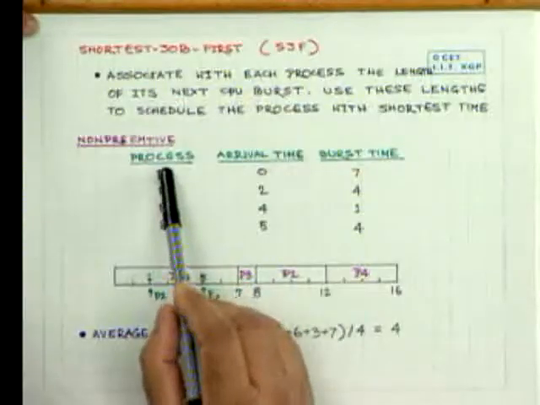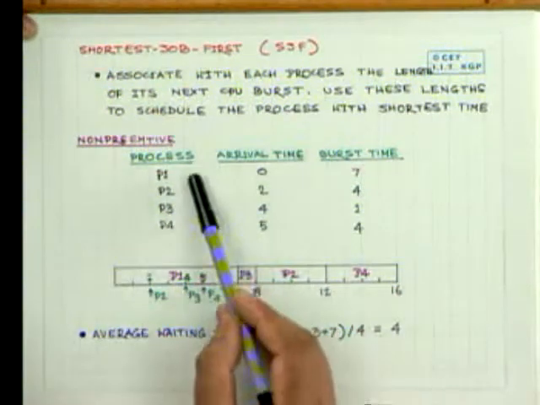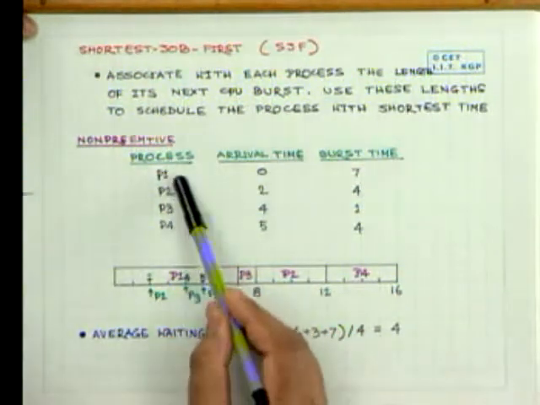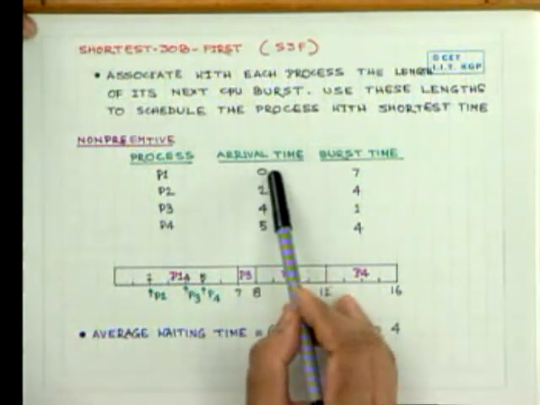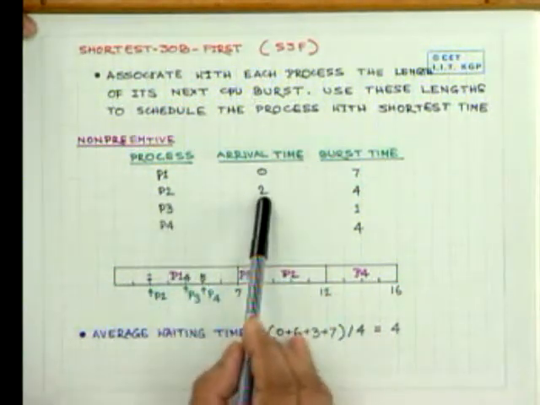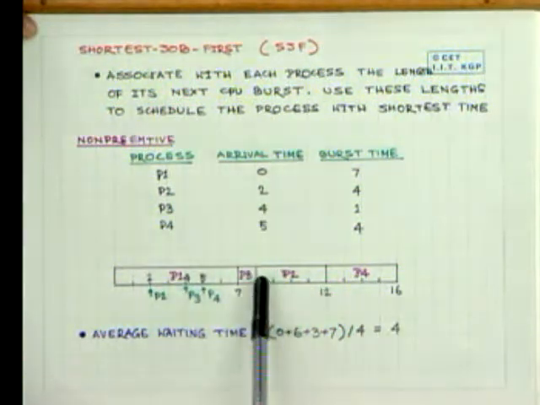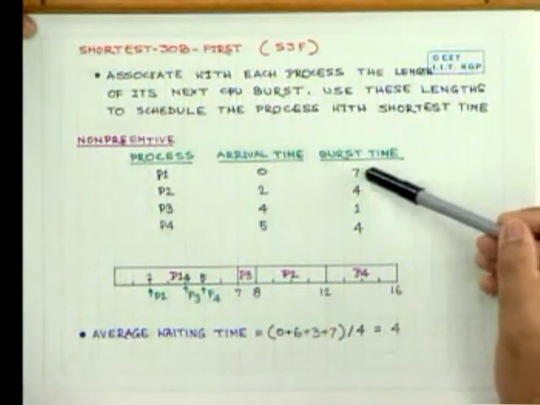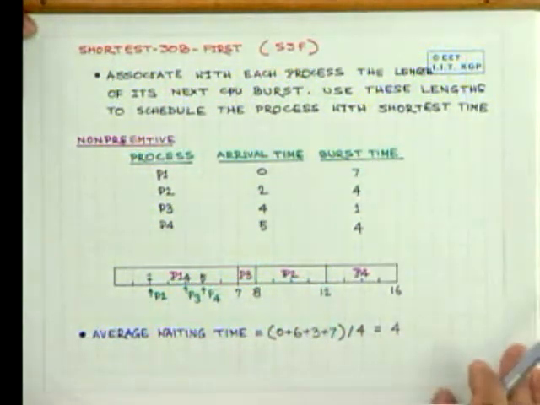Now let us see what's happening in the case of non-preemptive scheduling. Here 4 processes are there, P1, P2, P3 and P4. We have shown the arrival time to be 0 for P1, 2 for P2, 4 for P3 and 5 for P4, and the burst times are 7, 4, 1, 4 respectively for P1 to P4.